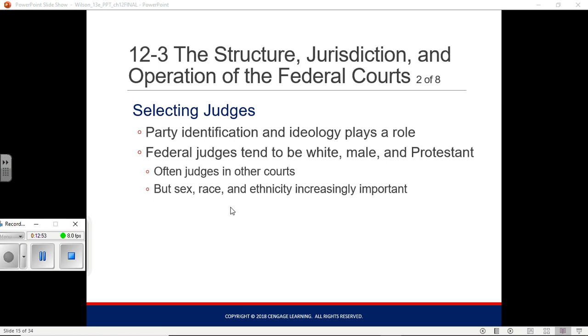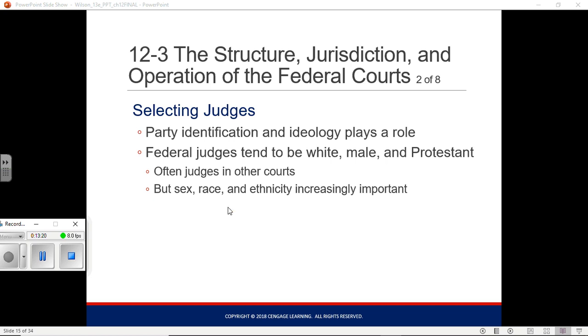Republican judge, Justice Roberts was on the side that upheld Obamacare when it went to the Supreme Court. Okay? And on the other side, you have had cases where Democratic judges have sided with their conservative colleagues. All right? And so you can't just predict a judge's vote based off their political ideology.